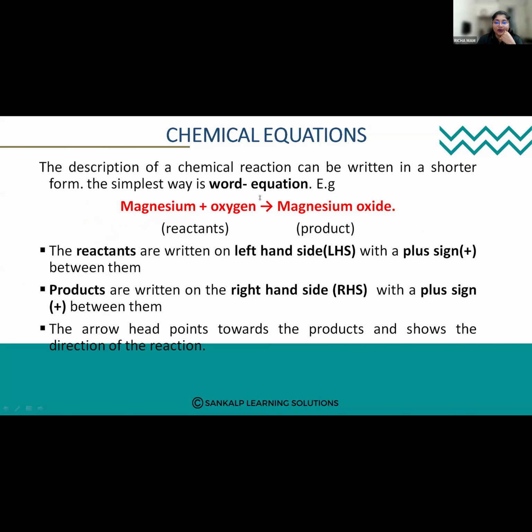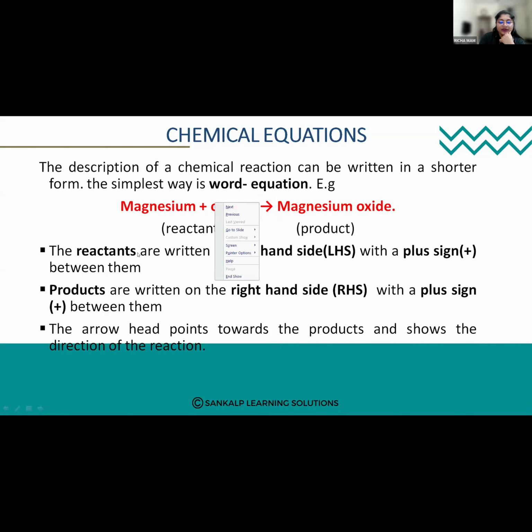And what does the arrow show? That the reactants are reacting to give you the product. It shows the direction of the reaction in which it is occurring. So this is the chemical equation. This way we represent our chemical equation in word form.